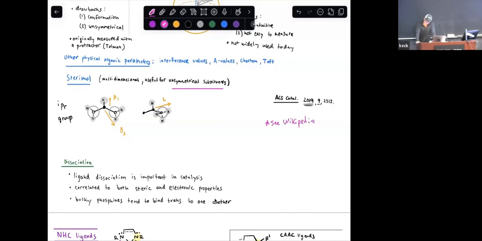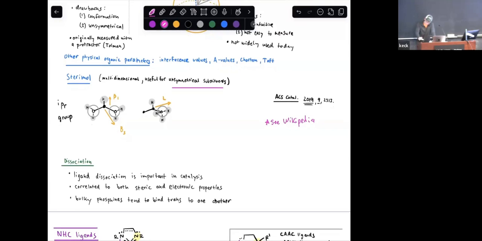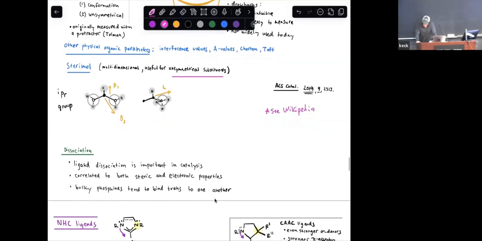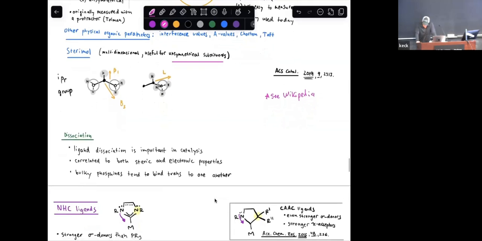I don't think any time in your career someone's going to ask you to define the difference between a B1 and B5 stereomol descriptor. That will never happen. The key point is that multi-dimensional groups require multi-dimensional descriptors, and so you build a more complicated descriptor library to capture more structurally complex groups.